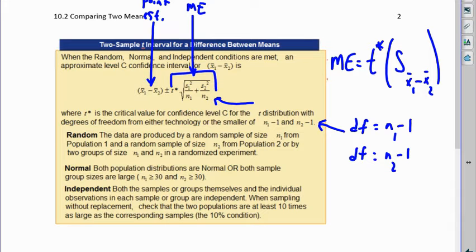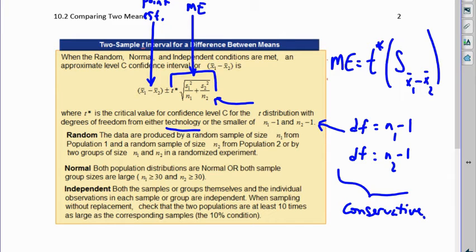We'll notice that when we use technology we will actually have a different degrees of freedom because there's a very complicated formula. t-intervals and t-tests are so robust that they can adjust the degrees of freedom to something larger than what you have. But it's a very complicated formula, one that we wouldn't do on our own. So these values are going to be very conservative.